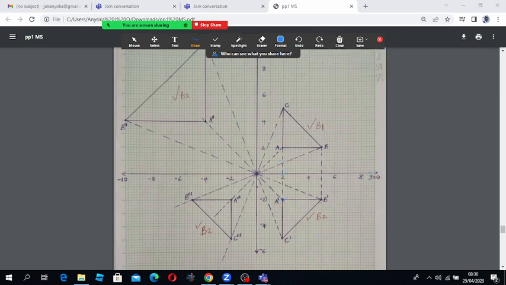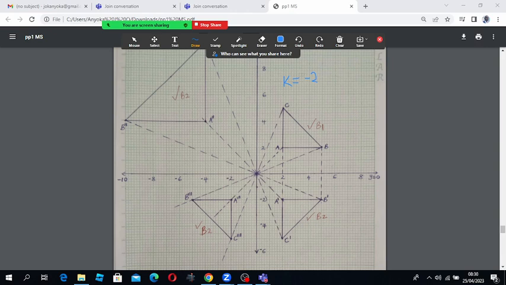The next question: enlarge A line, B line, C line by scale factor of -2, center 0, 0 and state the coordinates of A line, B line, C line. K is equal to -2.